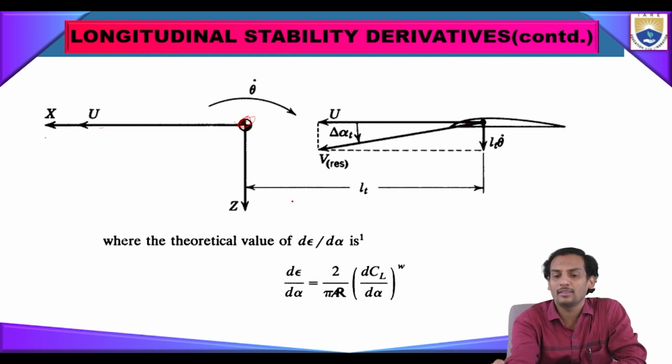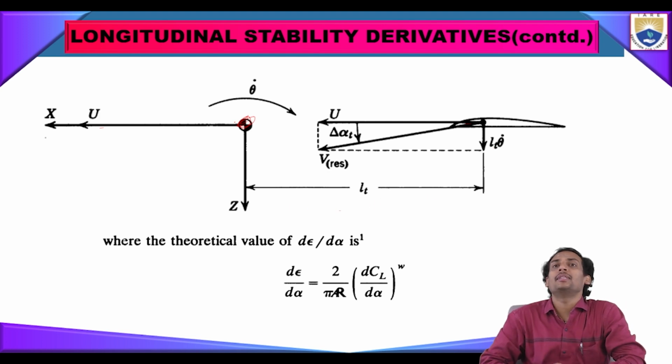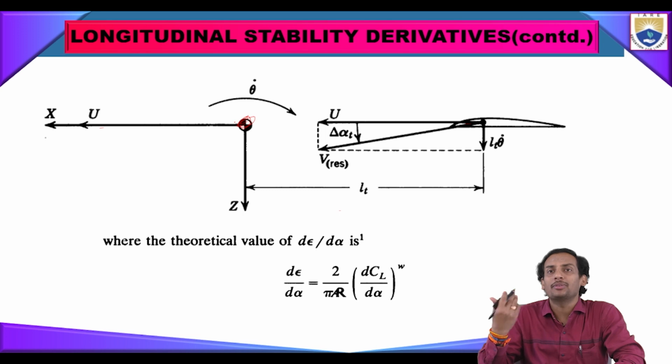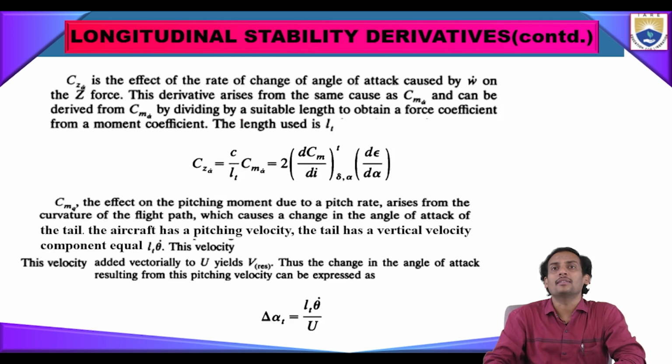The length of this also we have given here. So here d epsilon by d alpha will be equal to 2 by pi AR into dCL by d alpha for w. So these are also the stability equations from the stability derivative terms only. We have directly considered this one.